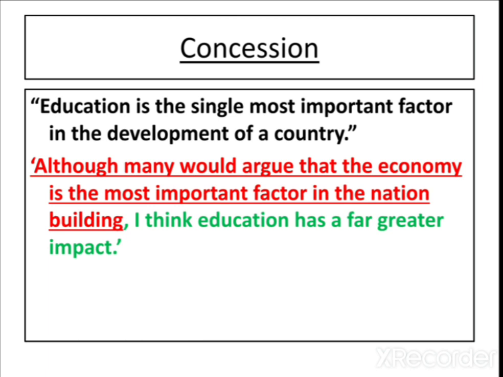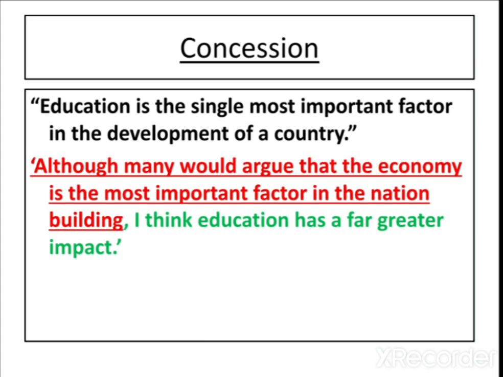So we have two parts to this sentence: I think education has a far greater impact. So the first part of the sentence is in red, and it's the although part, and the second part of the sentence is in green. That's, I think, education has a far greater impact, and they are separated by a comma.